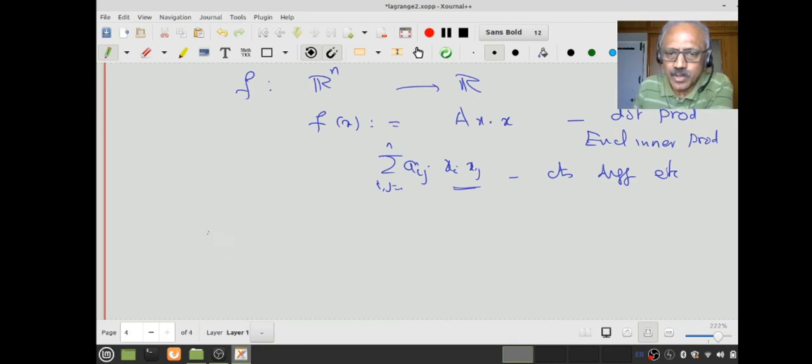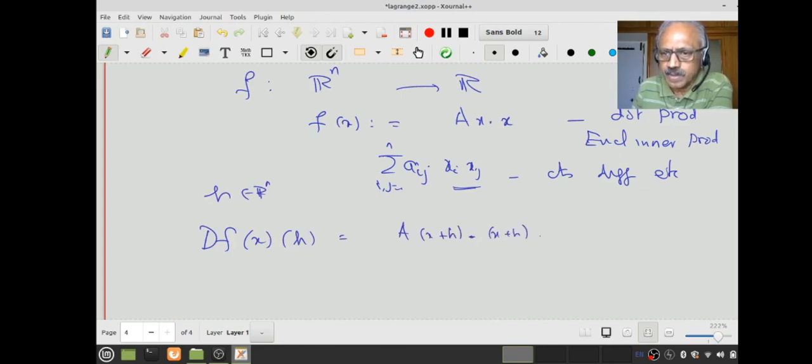So what we have found is dfx acting on any h in Rn. The way we did that, I will quickly do it: A(x plus h) dot (x plus h) minus Ax dot x. Then you will have Ax dot x plus Ax dot h plus Ah dot x plus Ah dot h minus Ax dot x.